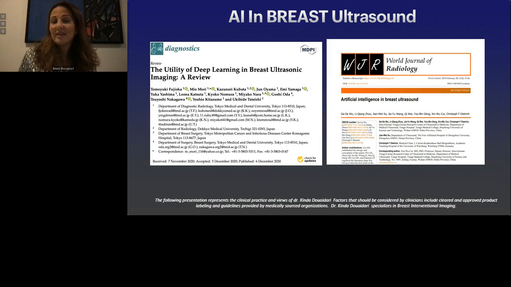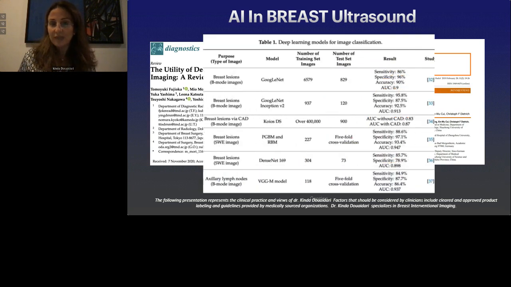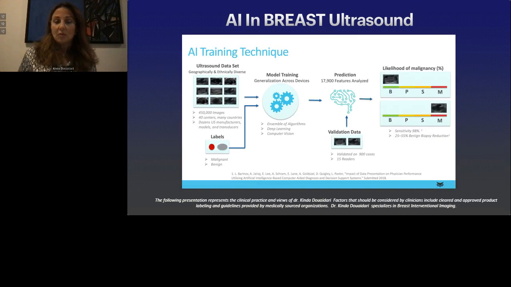So there are a lot of applications or AI models using ultrasound, and there were a lot of studies. Many models were analyzed. Actually, 2 models were FDA approved till now. It's the 3D ultrasound one, and the KOIOS, which is the 2D ultrasound. The KOIOS AI model in ultrasound is trained on a set of 450,000 images from different countries, different centers, different ultrasound machines, and it goes through this complicated analysis process.